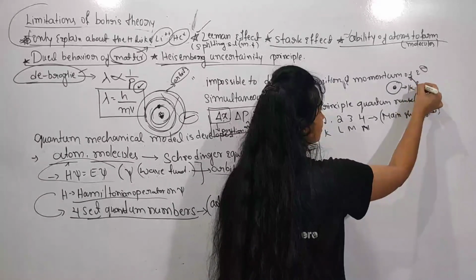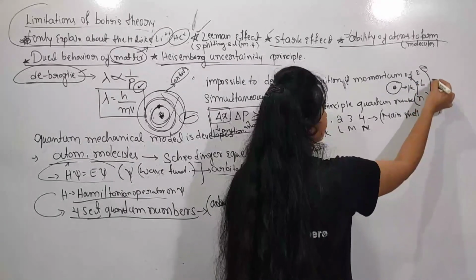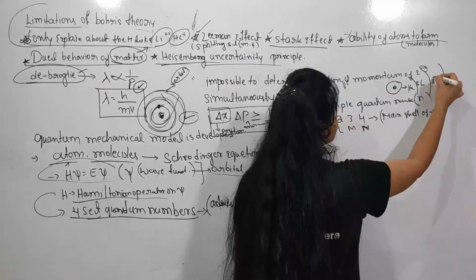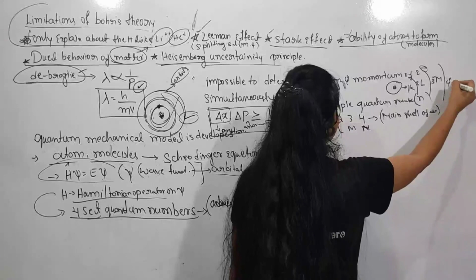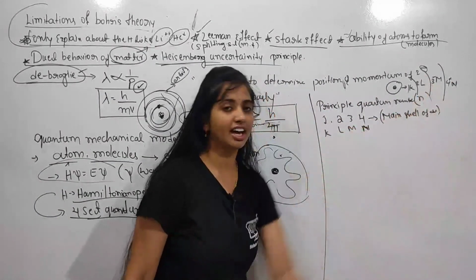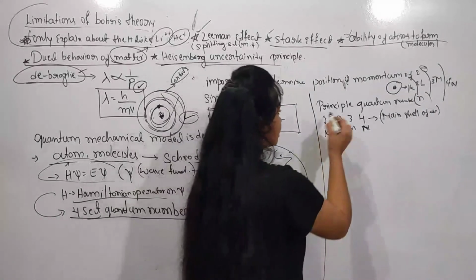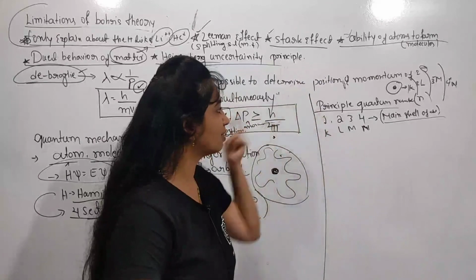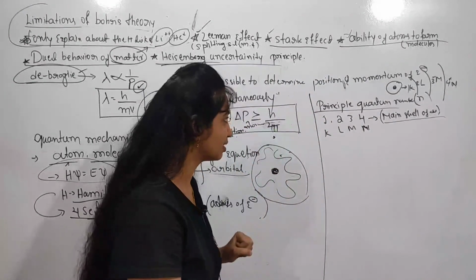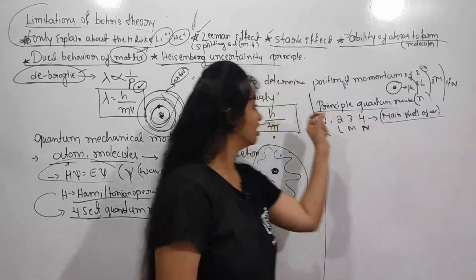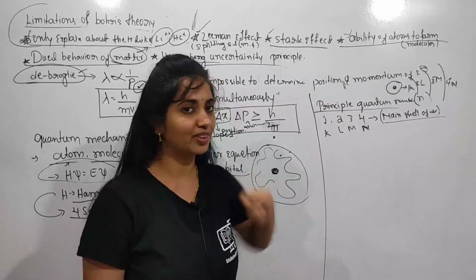This is the 2 shell, L shell, 3 shell, M shell, and this is the 4th shell, N shell. So the principal quantum number is denoted by n. This talks about the main shell of the electron, and it talks about the energy of an atom also. As the shells increase in that atom, the energy of that atom also increases.